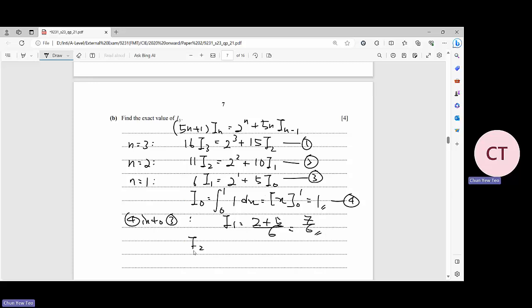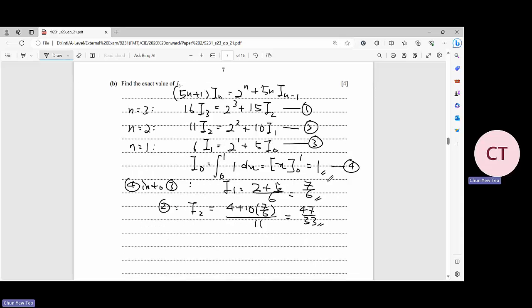Then for I2, from equation 2, I get I2 equals 4 plus 10 times 7 over 6, divided by 11. Press the calculator, you get 47 over 33.